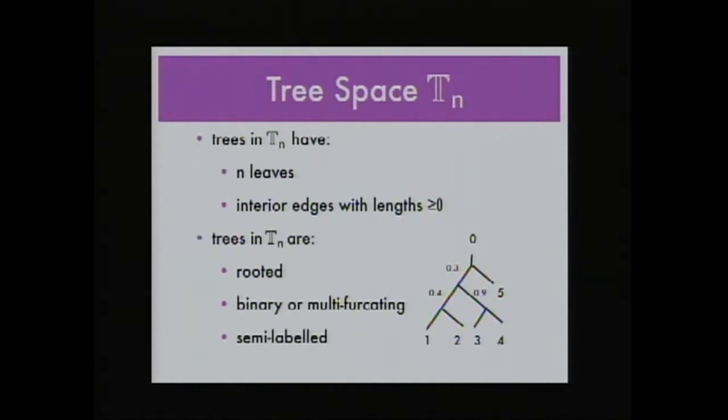So this is binary, because at every speciation event, it just splits into two. But I can have trees in my space that split, say, 3 ways there. And then semi-labeled, because only the leaves are labeled, which makes sense biologically because we only know what exists at the present time. We don't know what the ancestral species were.